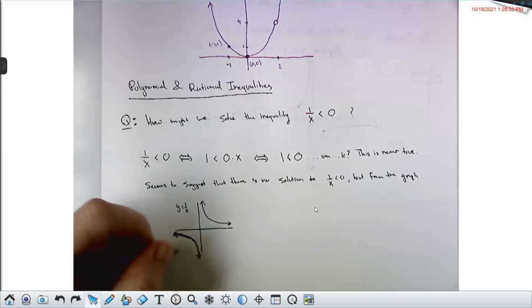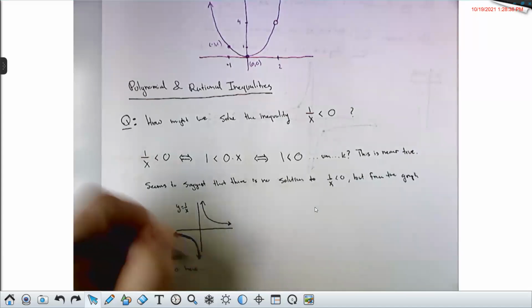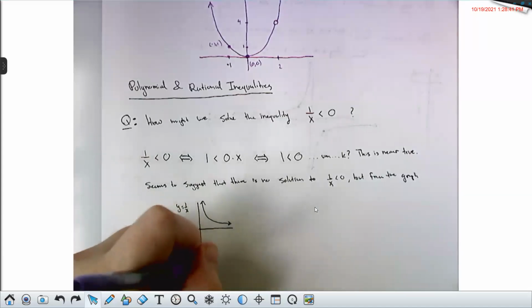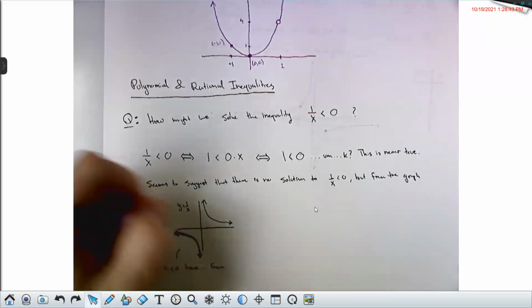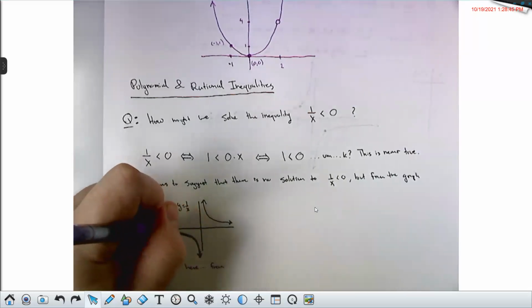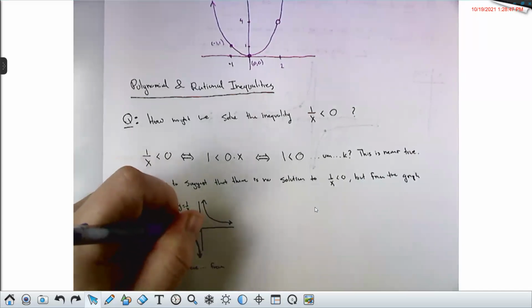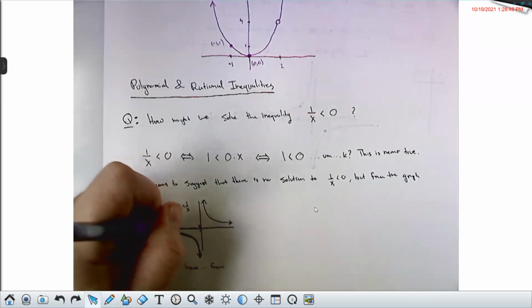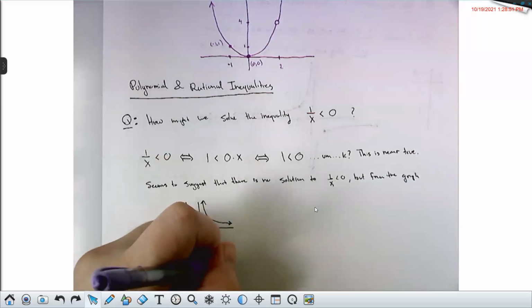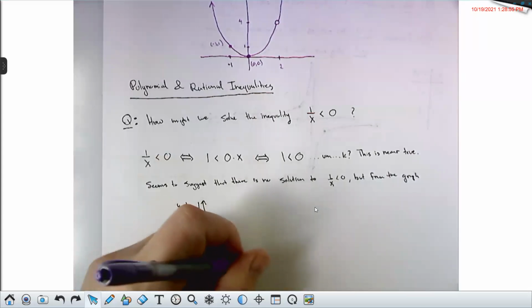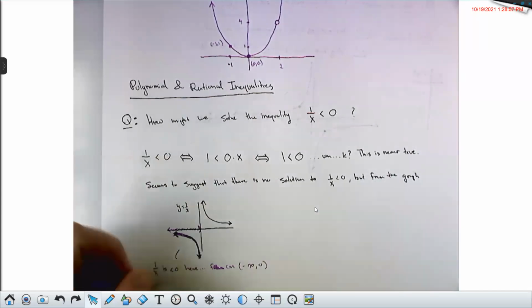So this part of the graph, 1 over x is less than 0 here. Our solution would be all of these x values from negative infinity up to 0, just like you said. So why didn't we find this?